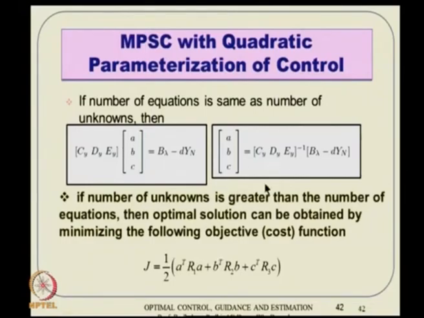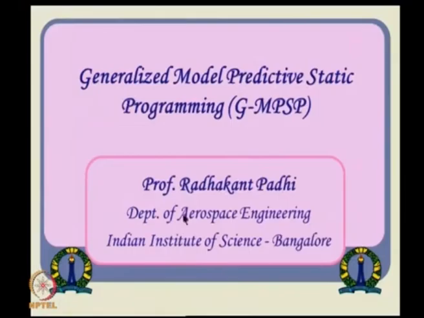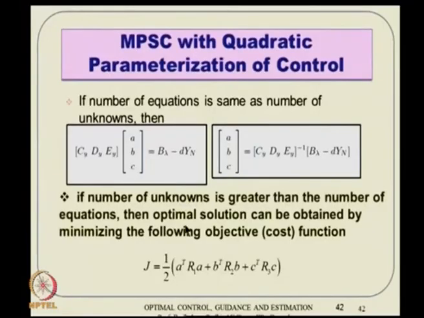But if you have only 2 constraints and 3 freedoms, you can talk about some optimization also. And if you select a quadratic function in the set of parameters, then it leads to fast computation in closed form also. So very quickly you can update these parameters and proceed further.